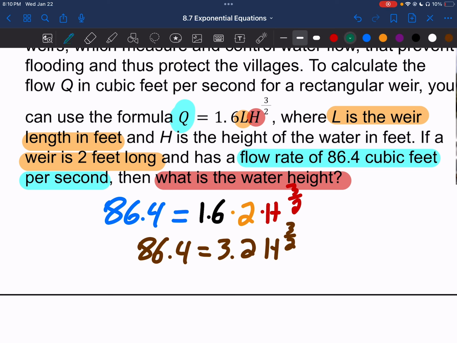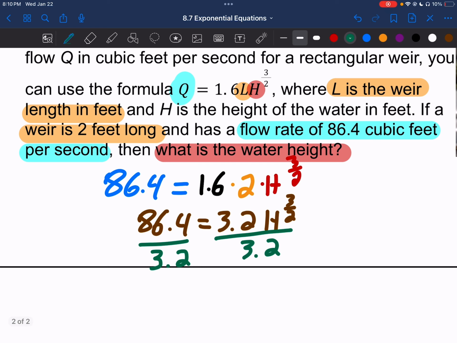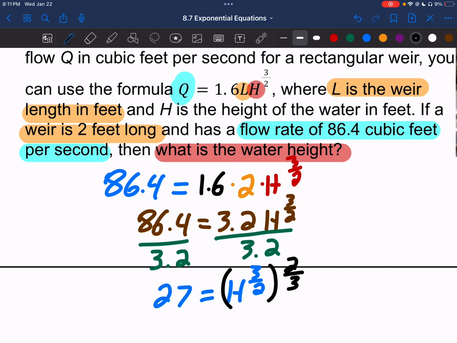Now the next thing we do is divide by 3.2 to get our variable by itself. When we do that, we get 27 is equal to H to the 3/2 power. Our final step is to raise everything to the 2/3 power.